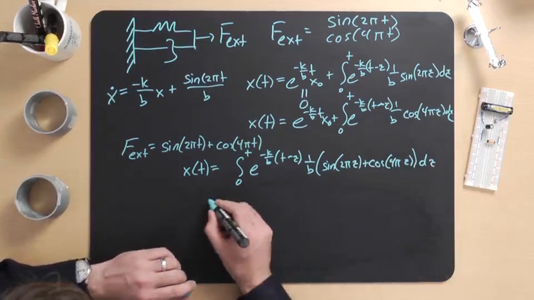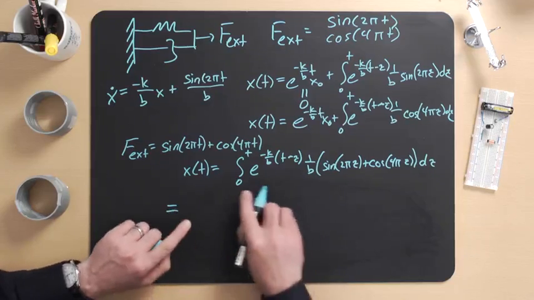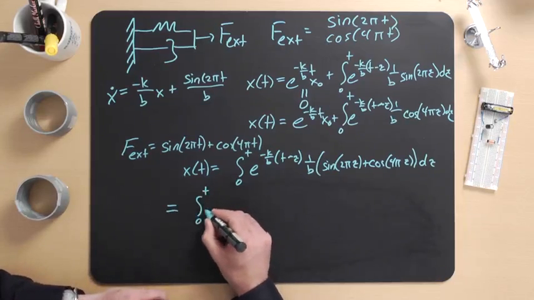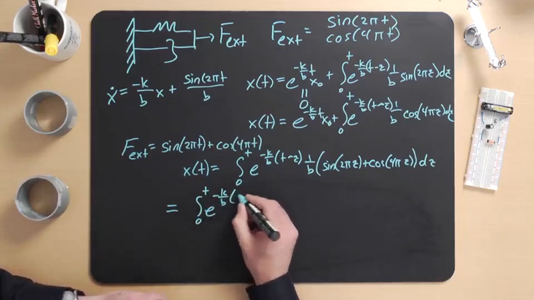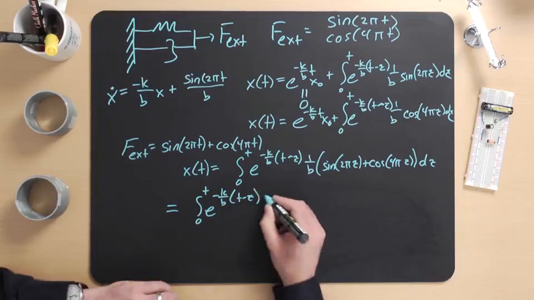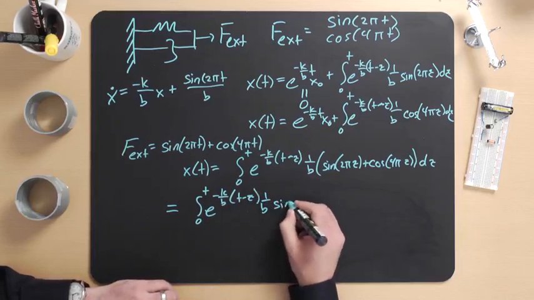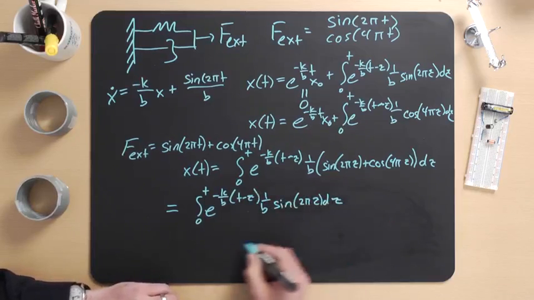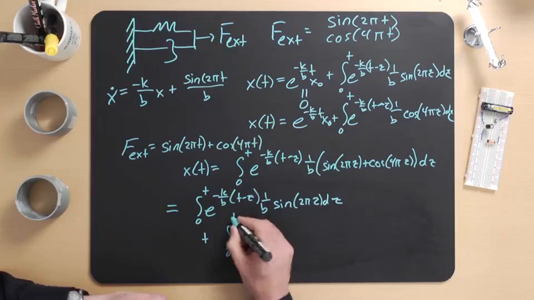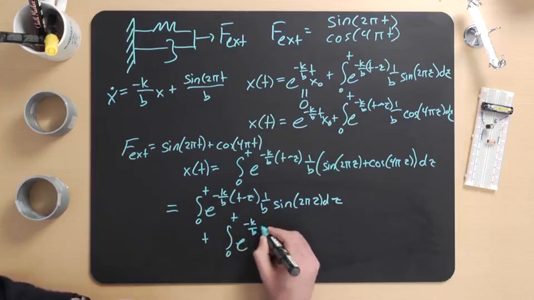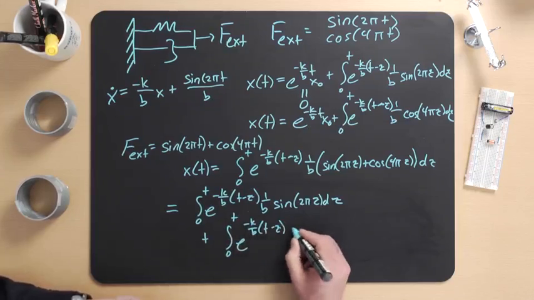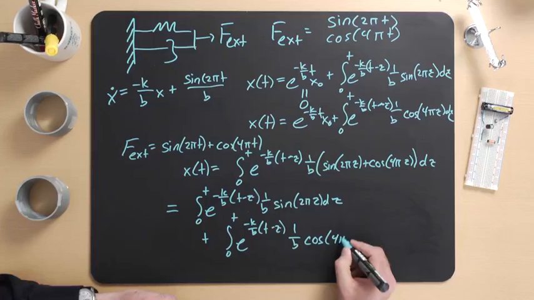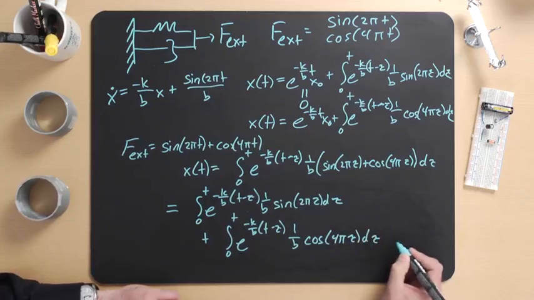This expression is equal to splitting this integral into 2 pieces. The integral from 0 to t e to the minus k over b (t minus tau), 1 over b sine 2 pi tau d tau, plus the integral from 0 to t e to the minus k over b (t minus tau), 1 over b cosine 4 pi tau d tau.